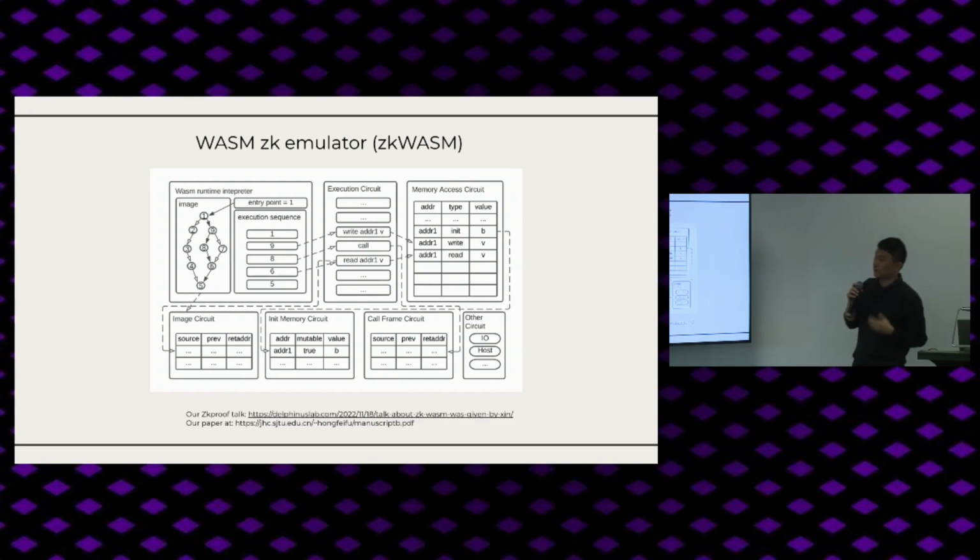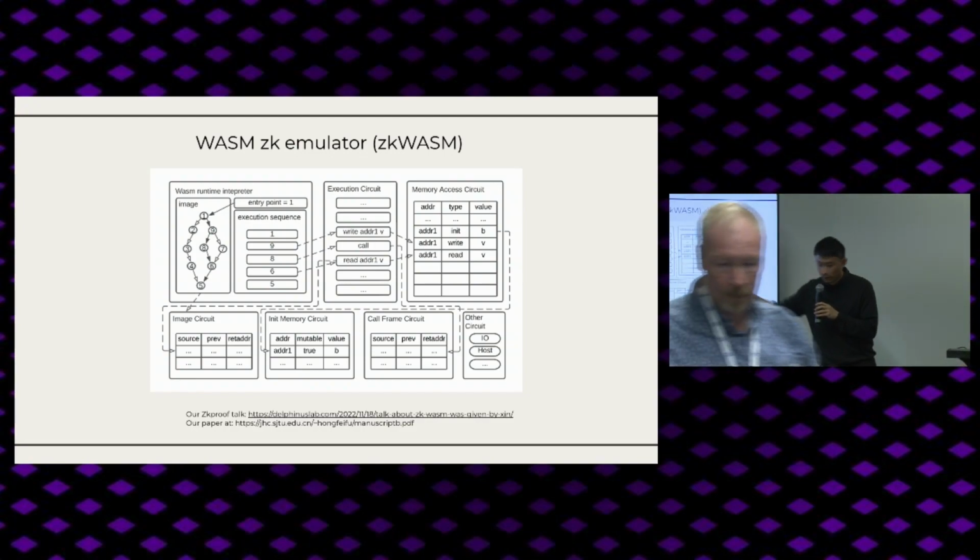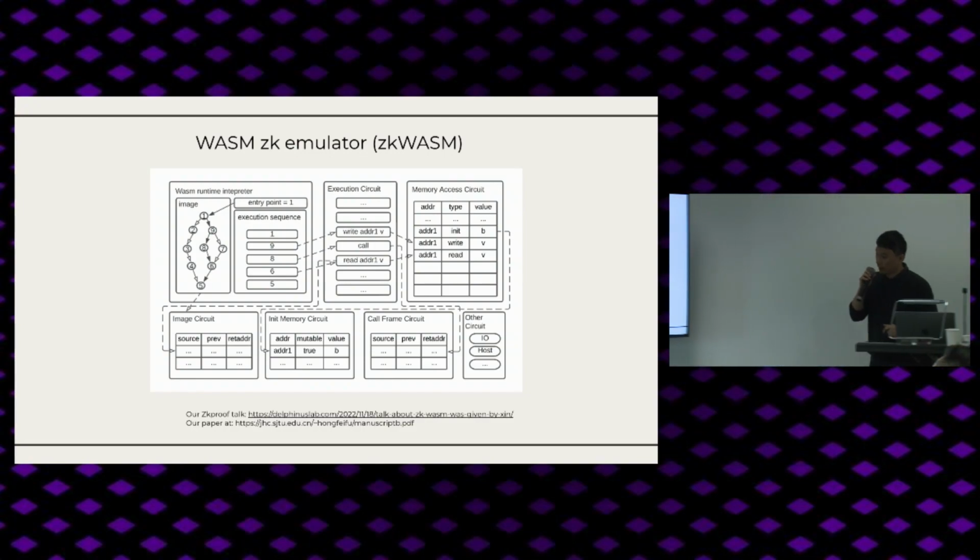That gives us a way to connect the awesome outside world of Web2 to Web3. People can check out our source code and our full design of the arithmetic circuit here.